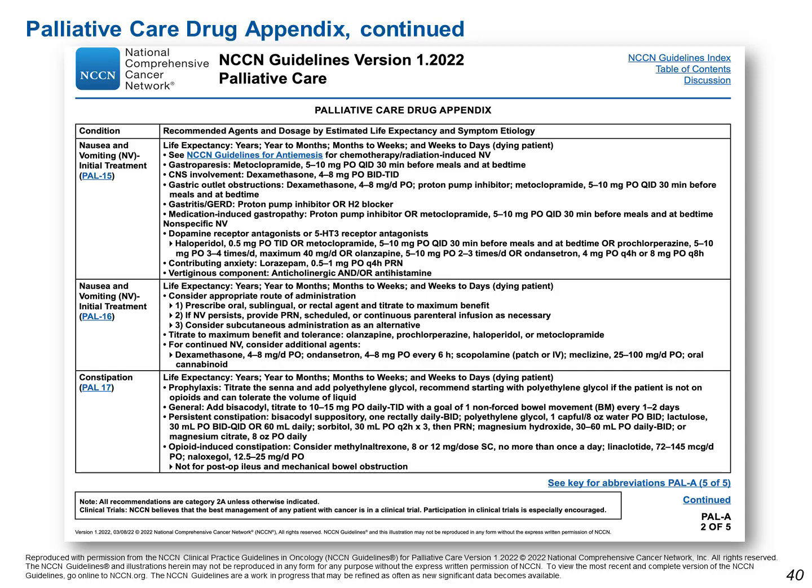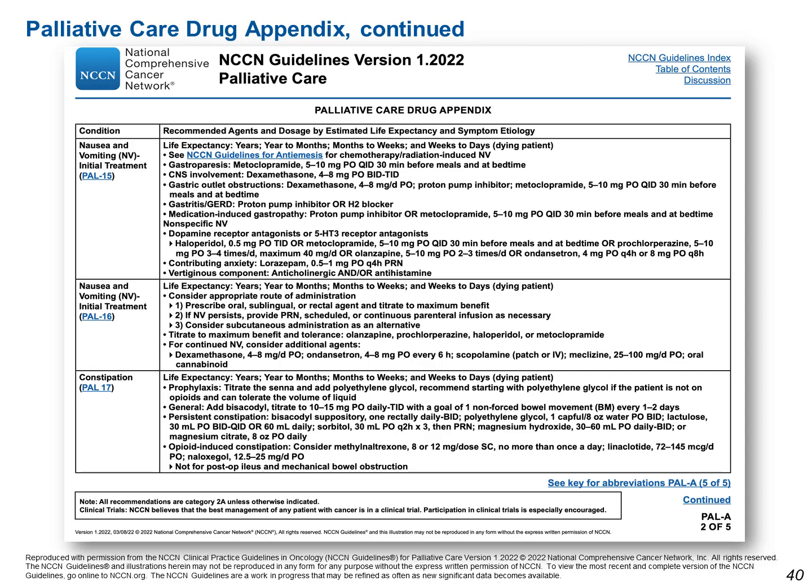If there's anxiety related to the nausea vomiting, lorazepam seems to help, and a vertiginous component can be controlled with an anticholinergic and/or antihistamine. If life expectancy is limited, also consider appropriate route of administration. Oral, sublingual, or rectal, all different routes can be explored and titrate to maximum benefit.